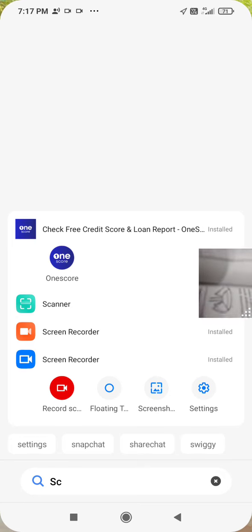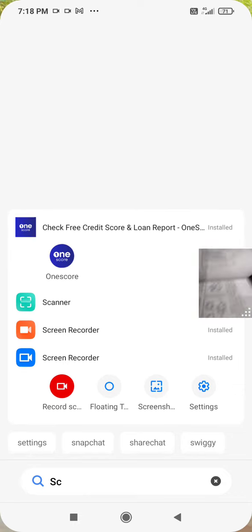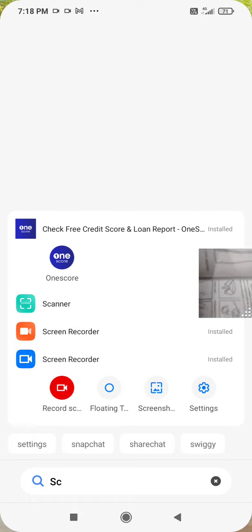First one is uneven collar. The collar is uneven, left side and right side. This one is the pocket is misaligned.